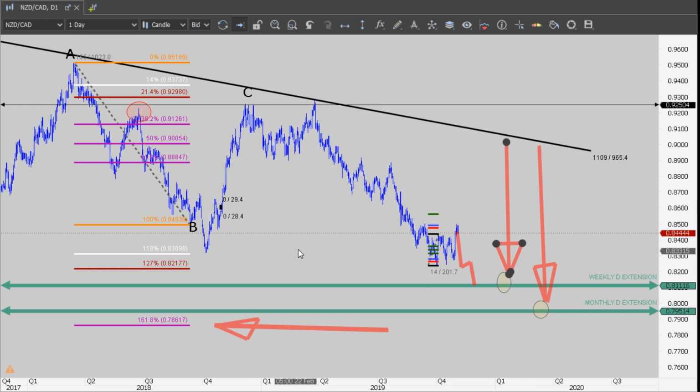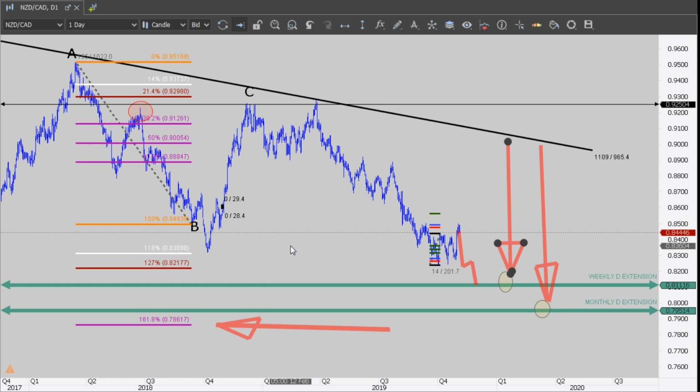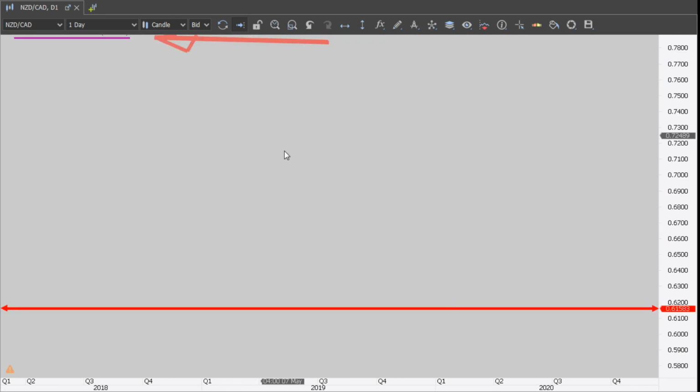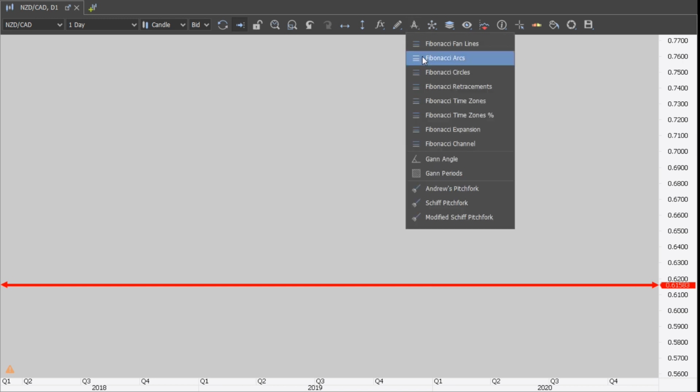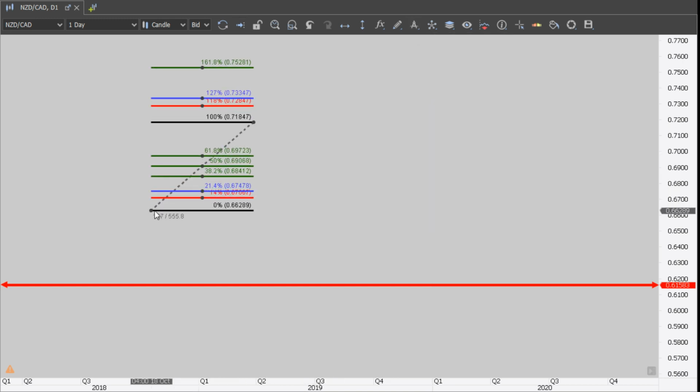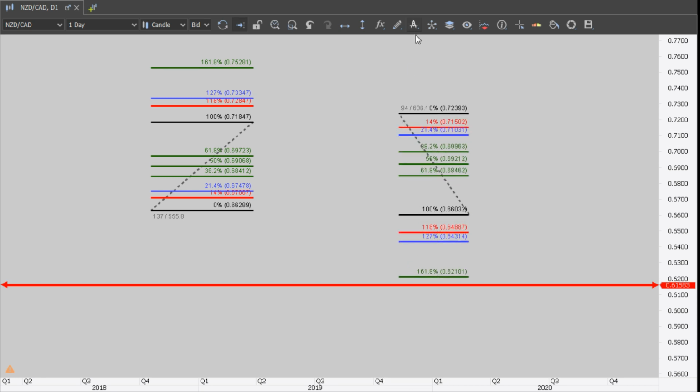Anybody else? Where should you profit take? Everybody, what happens when the market hits the D? Who knows? It doesn't matter, up Fibonacci or down Fibonacci.